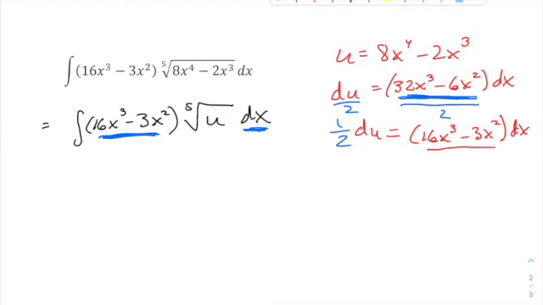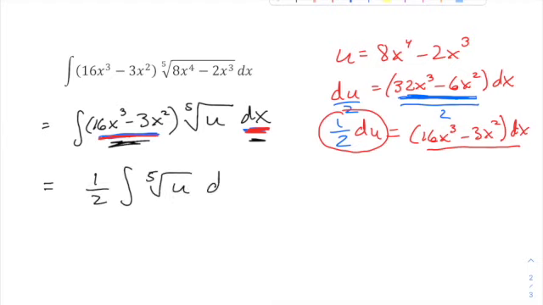Now all of that stuff that I'm looking to cancel out is equal to 1/2 du. And that's what you would be left with if you did the whole solve for dx, plug in, everything would cancel except a 1/2. So I'm going to take these two expressions out and replace with 1/2 du. And there we go.